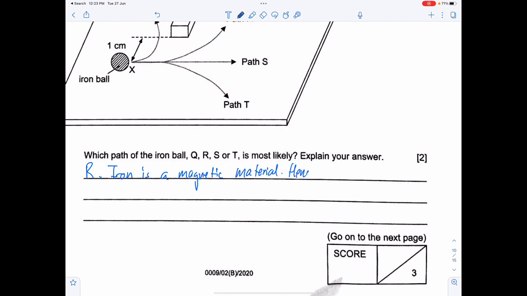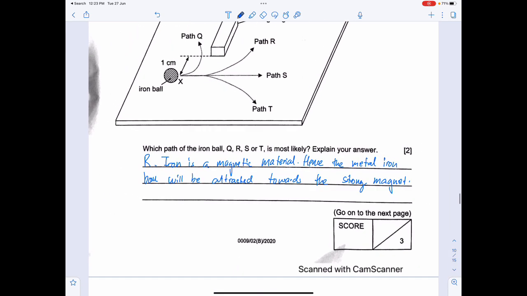Hence, the iron ball will be attracted towards the strong magnet. That's about it. Okay, moving on.